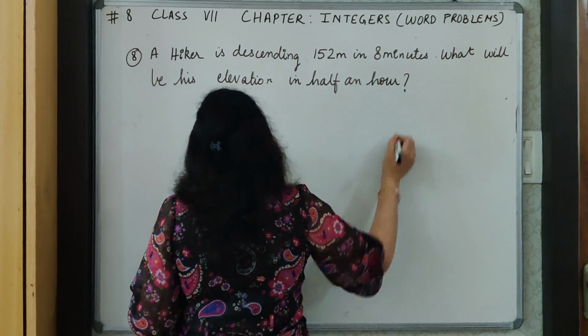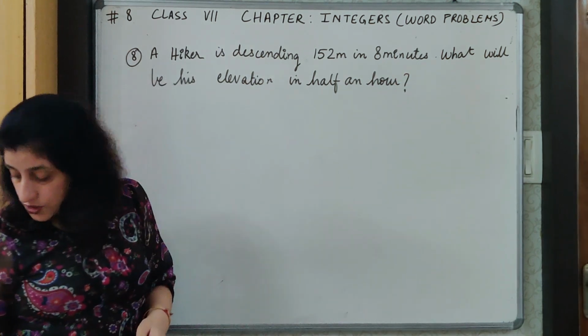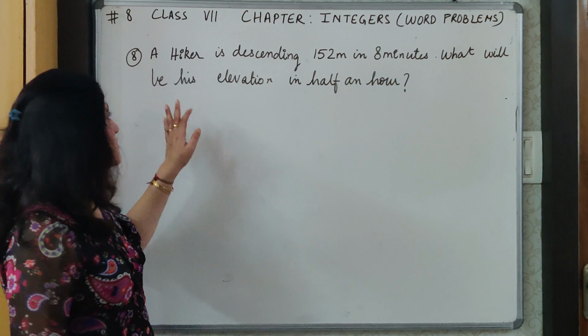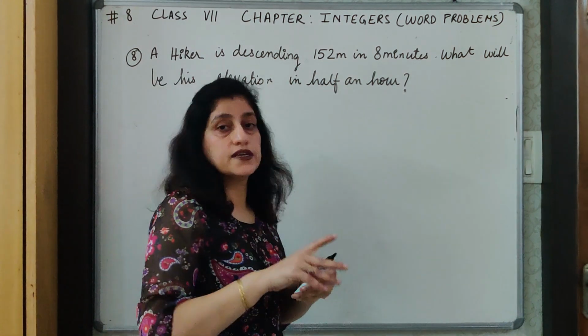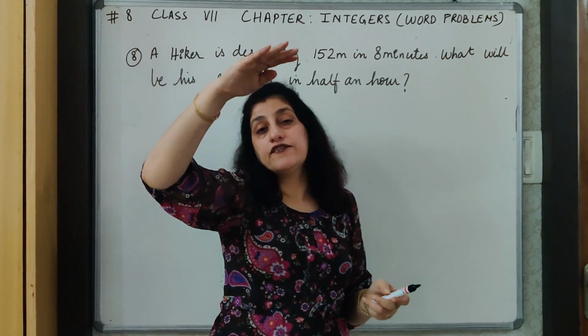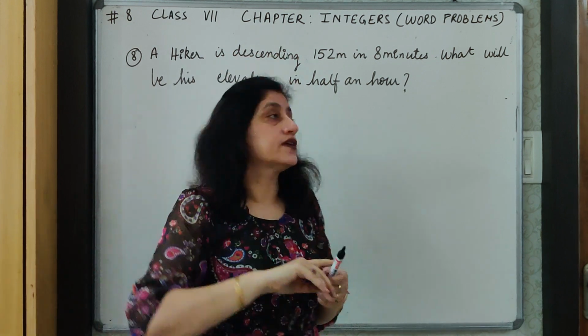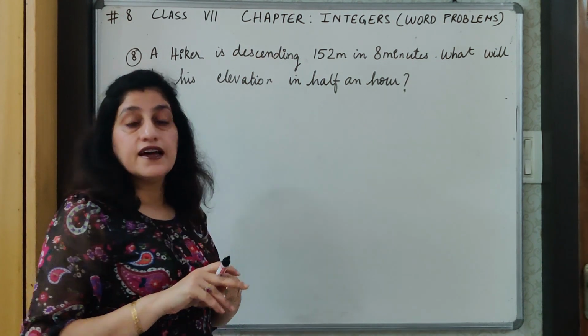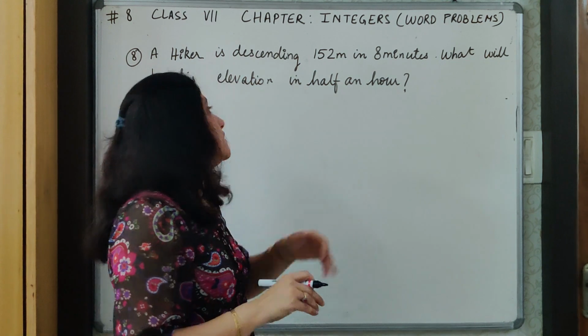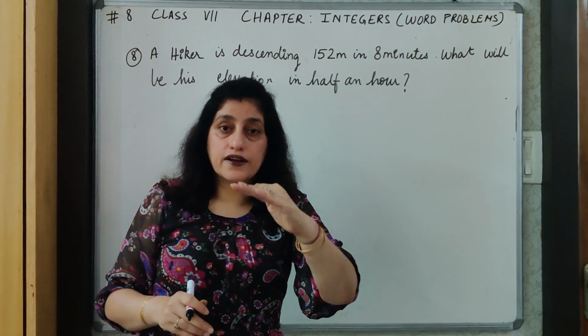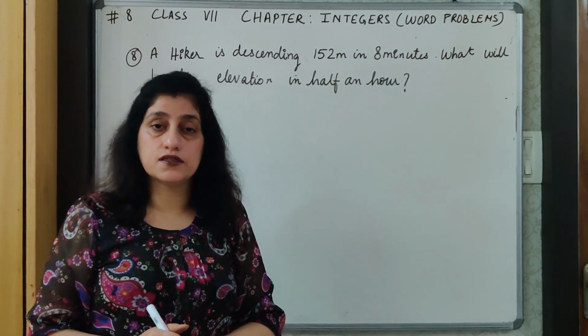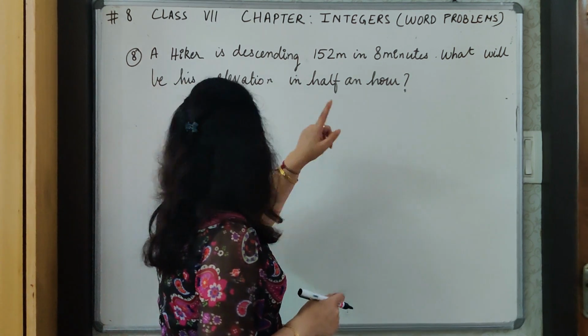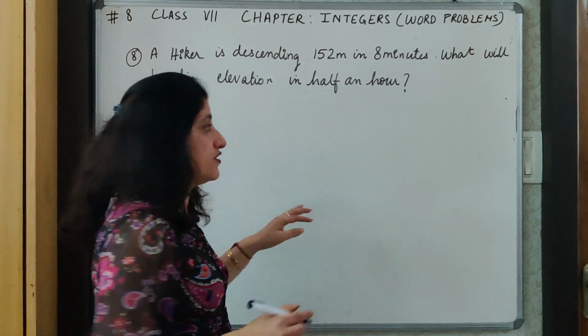Half an hour means 30 minutes. So first let's understand the question. There is a hiker. Suppose he has climbed a mountain and from that mountain he is coming down. He is descending, and in every 8 minutes he comes down 152 meters. They have asked what will be his elevation in half an hour.